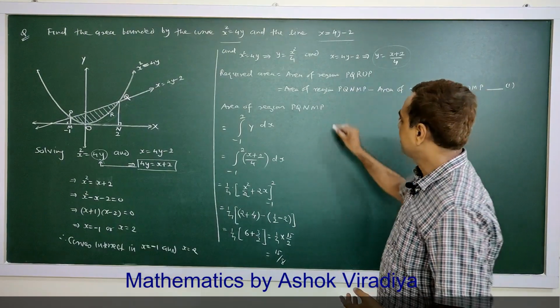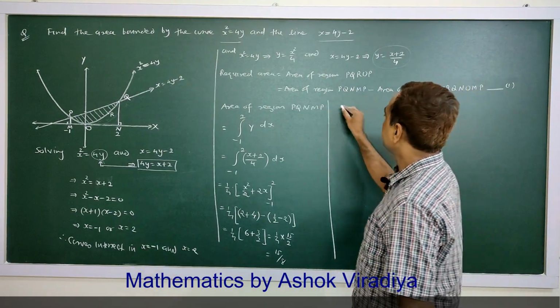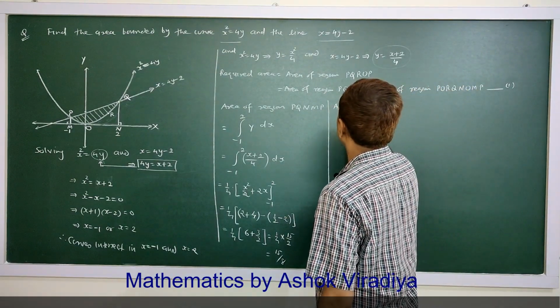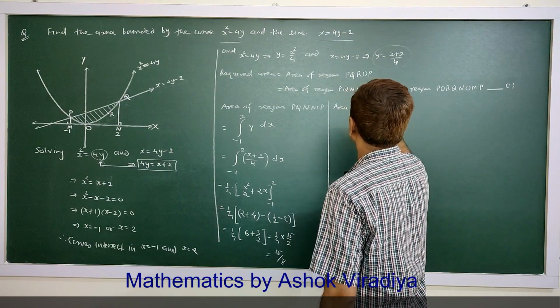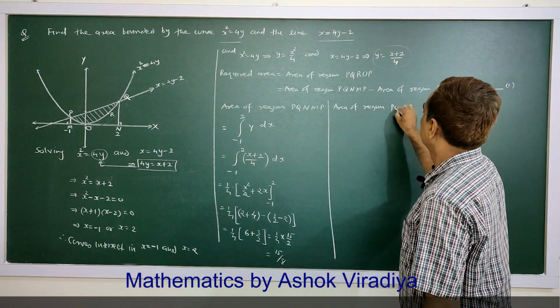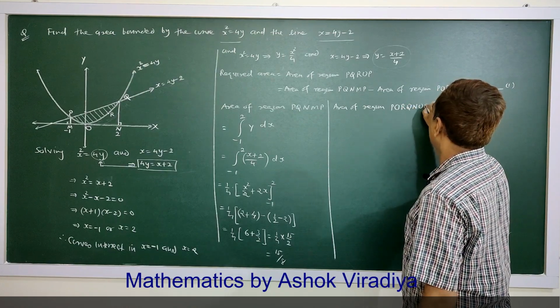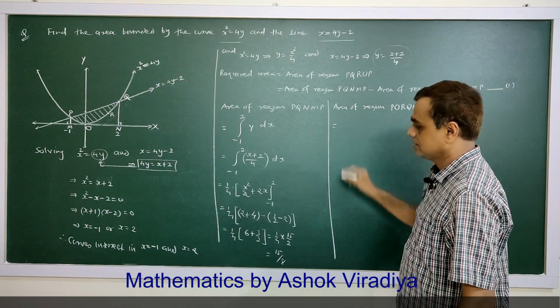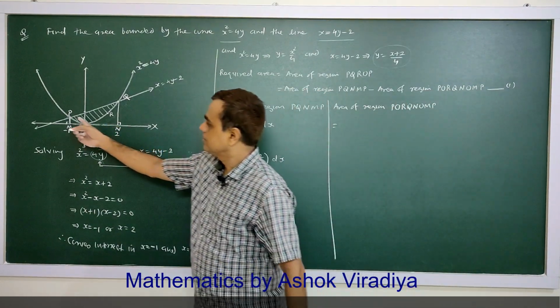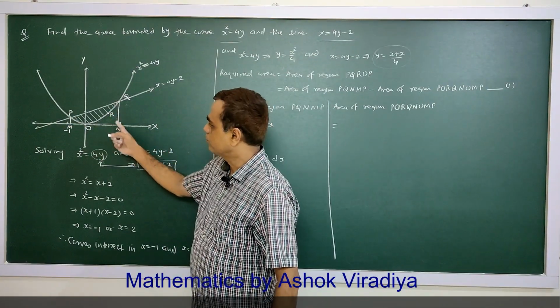Now the second area of region PORQNOMP. So this is below this curve.